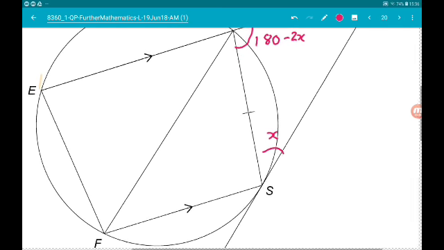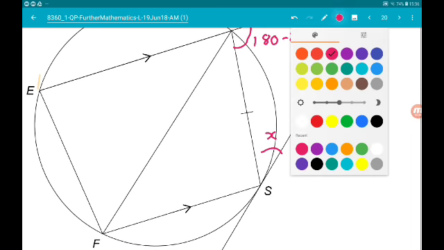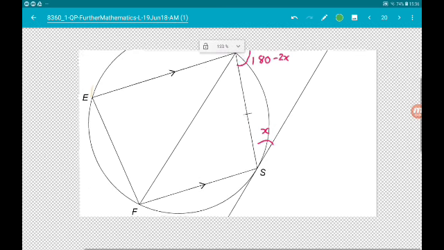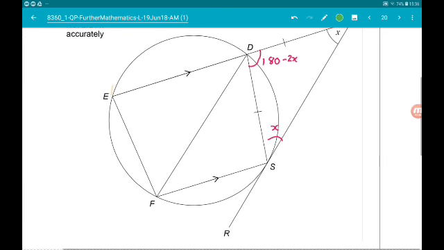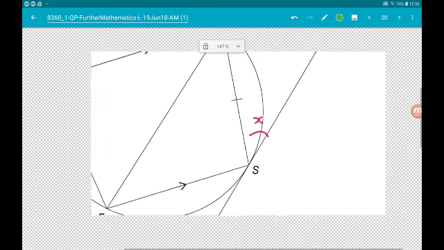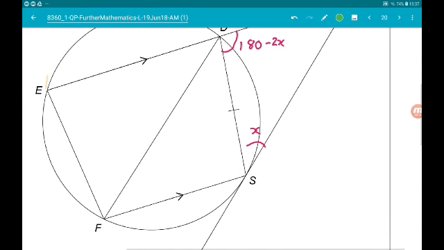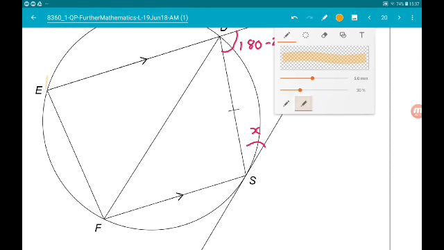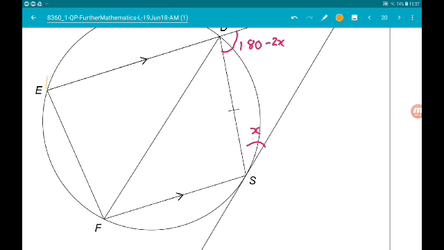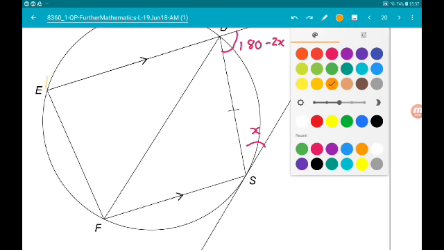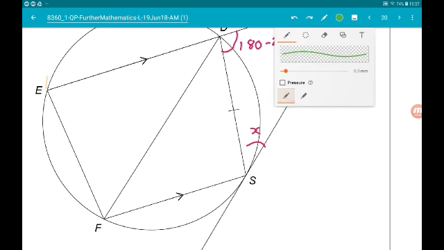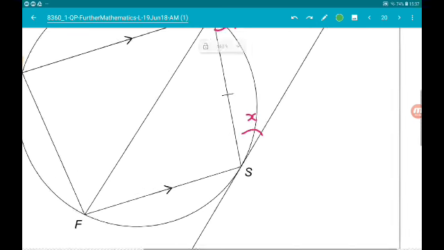Okay, next up. So, this line hitting the circle, RST, is a tangent. Now, sitting on that tangent, we have a triangle. So this triangle here. Now, when you have the point of a triangle inside a circle sat on a tangent, we can use the alternate segment theorem.